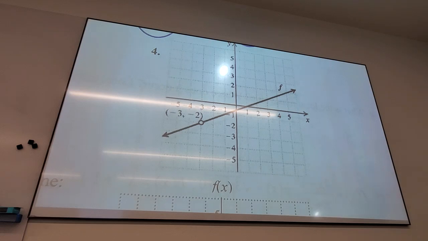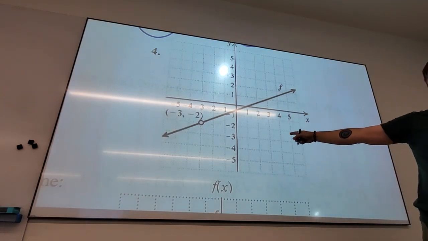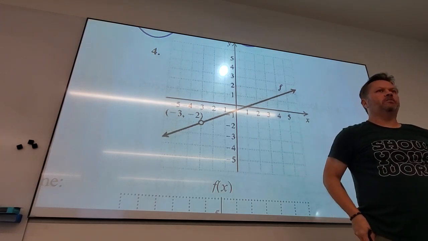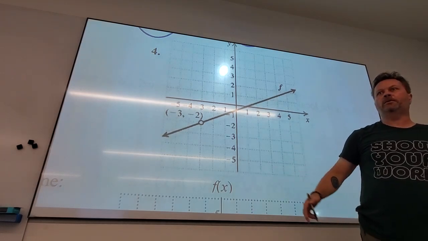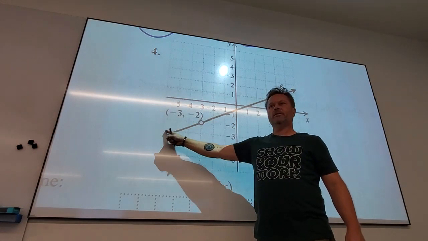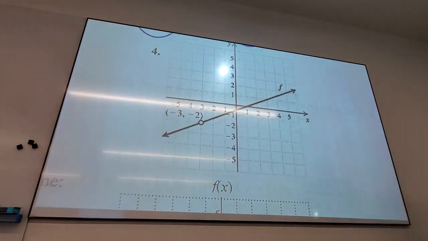All right, this is a good, beautiful example. What do you key in on? The fact that there's an open circle. So what's my domain? What tells me my domain goes further than -6? The arrow. So what does my domain start at? Negative infinity.